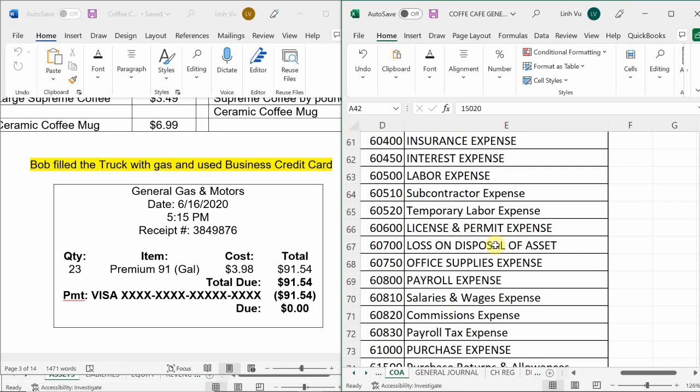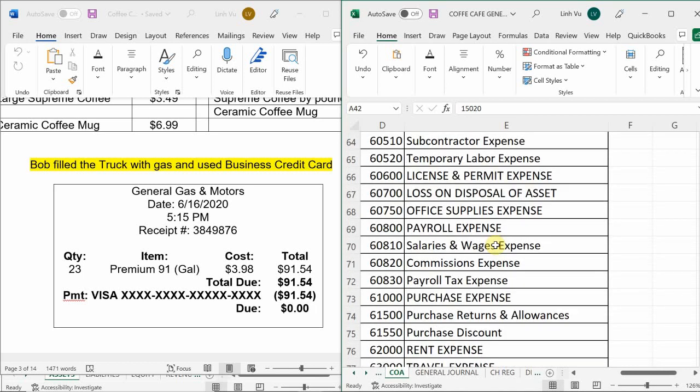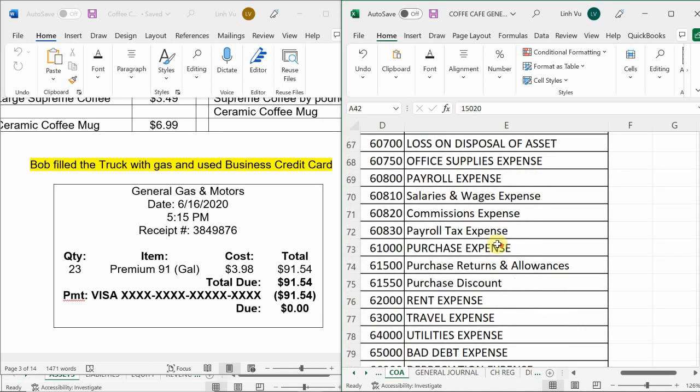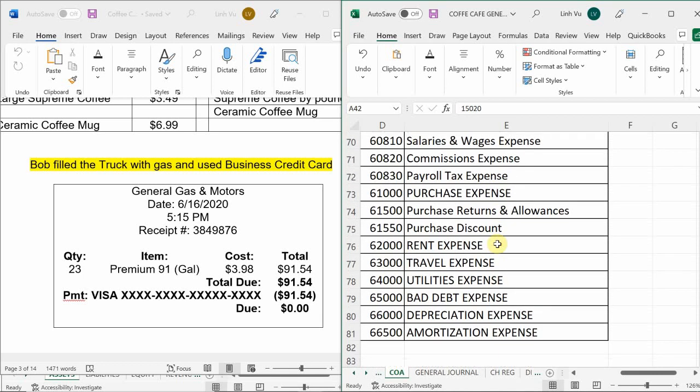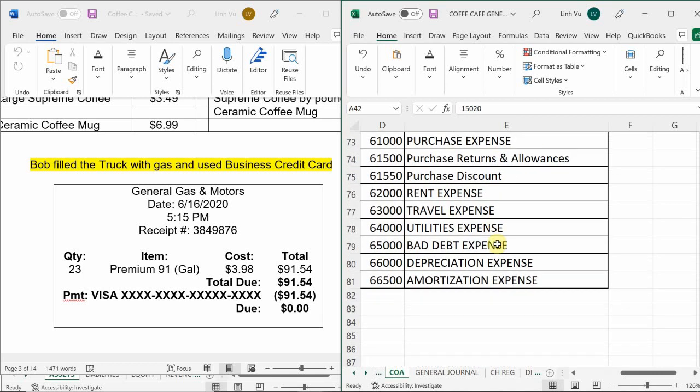Is it labor? Is it a license and permit? Is it office supplies? Is it a payroll expense? Is it a purchase expense? Is it a utilities expense? Or is it a travel expense?